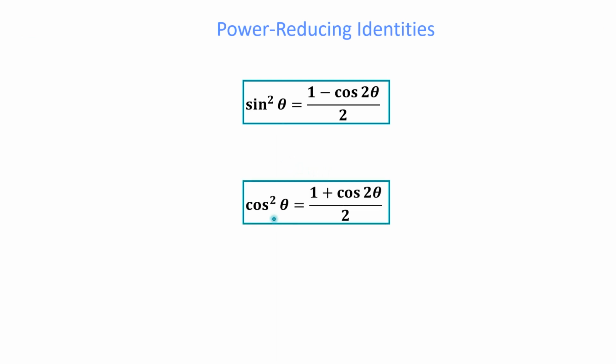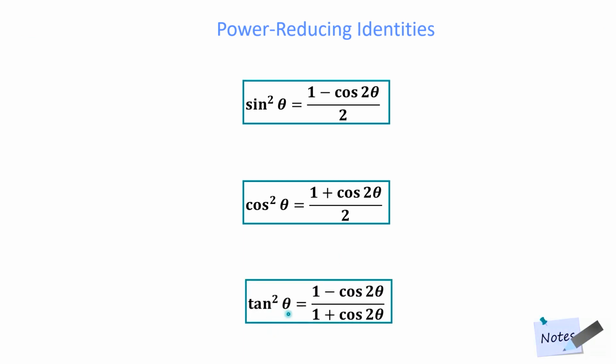Now we have cos squared theta is equal to 1 plus cos 2 theta over 2, and then the final power reducing identity is tan squared theta is equal to 1 minus cos 2 theta over 1 plus cos 2 theta. Please be sure to make a note of these three power reducing identities.